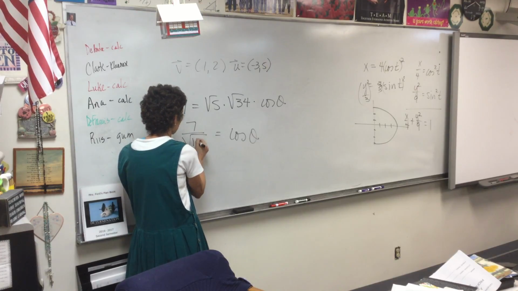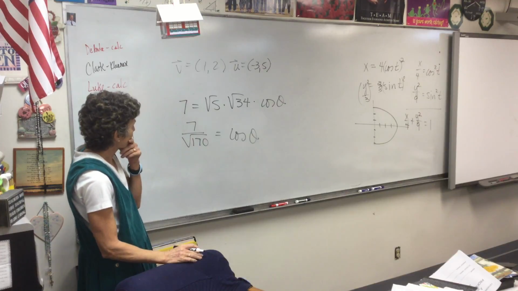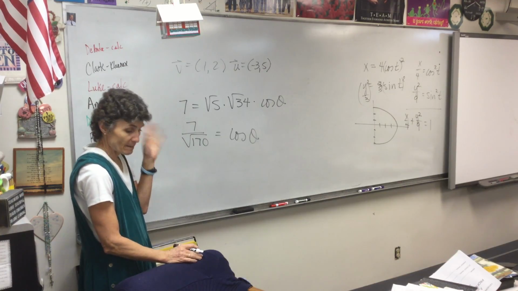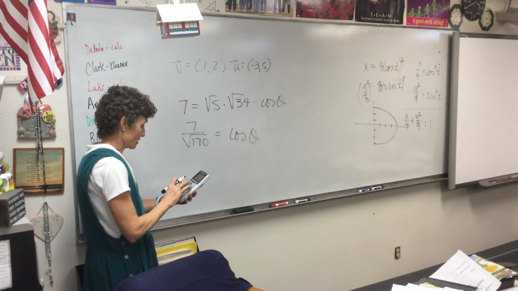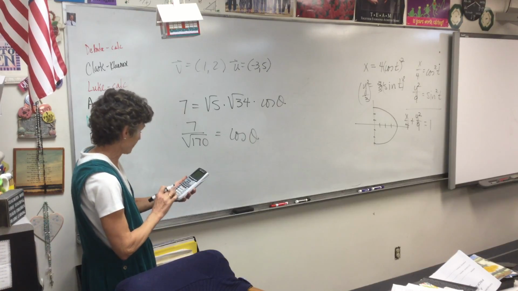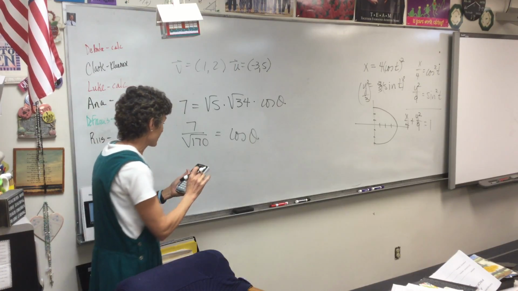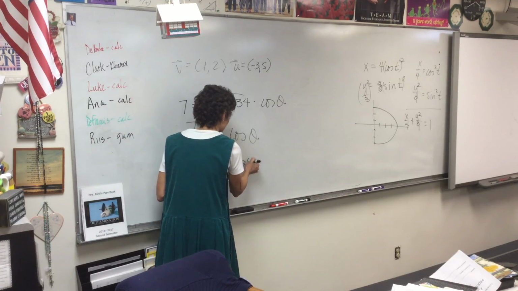What is that, root 170? I like to go ahead and multiply those together if I can. It just makes it easier when I type it in. I don't need so many parentheses. So inverse cosine of 7 divided by the square root of 170. Did you get 57.53 degrees? Yeah.